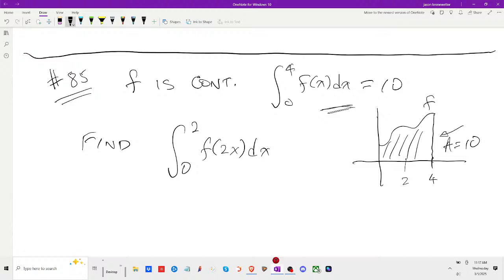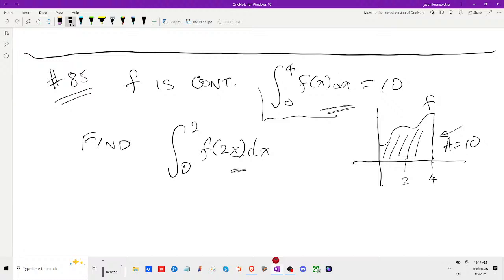So you see f of 2x goes twice as fast. By the time x gets to 2, we're really at 4, f of 4. So this 2x goes more quickly. Now to compare it to this, obviously they give us this information right here. So we're going to have to use that in order to find this integral that they want.